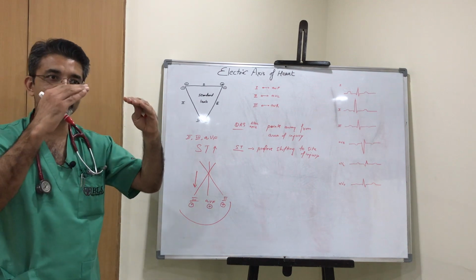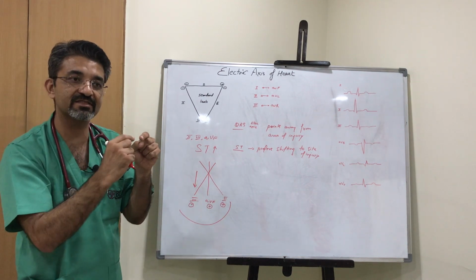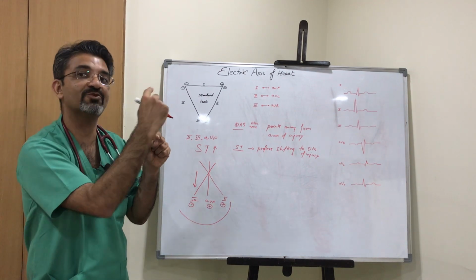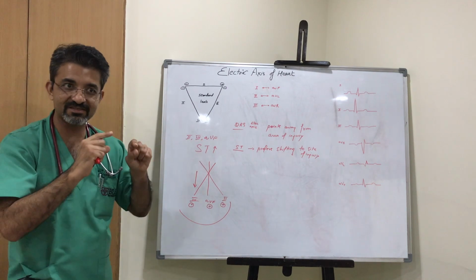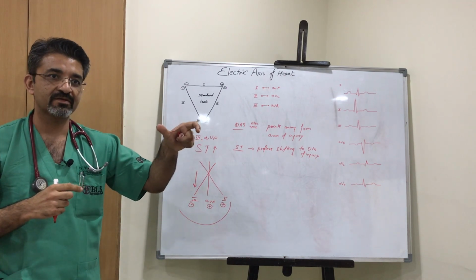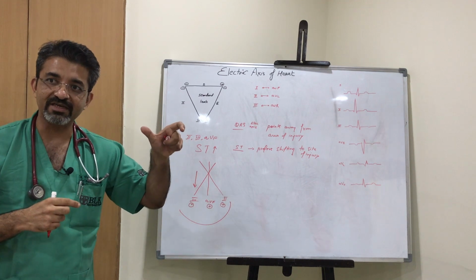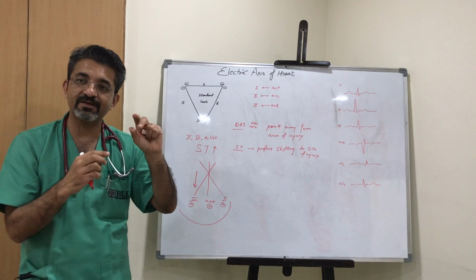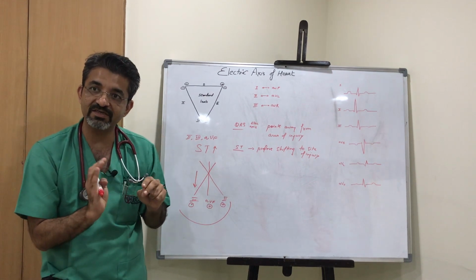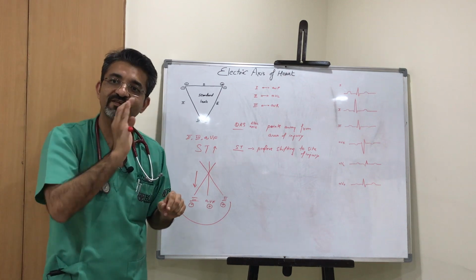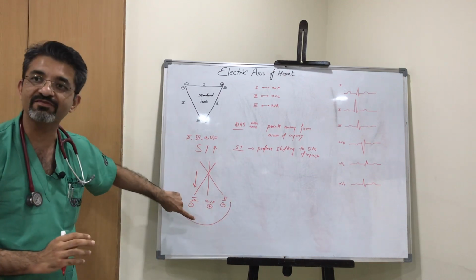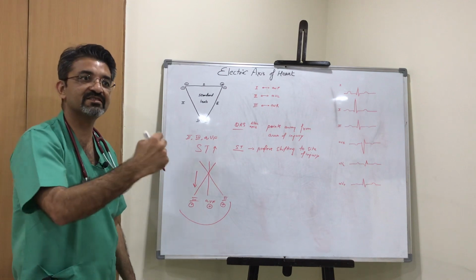You will have a positive deflection. So ST elevation is technically the deflection of ST as positivity. ST is an isoelectric line, so ST elevation means my ST segment is elevated, just like a P wave elevation, in leads 2, 3, and aVF.